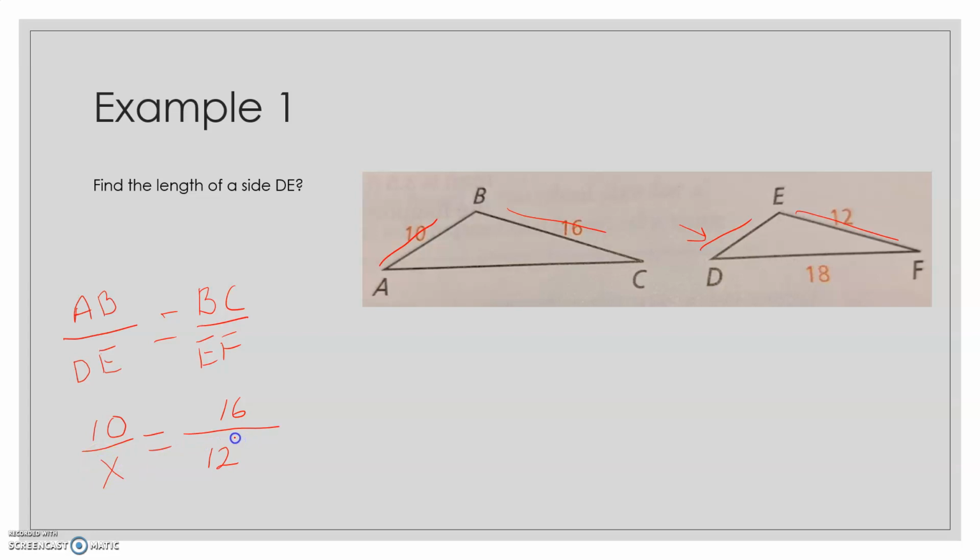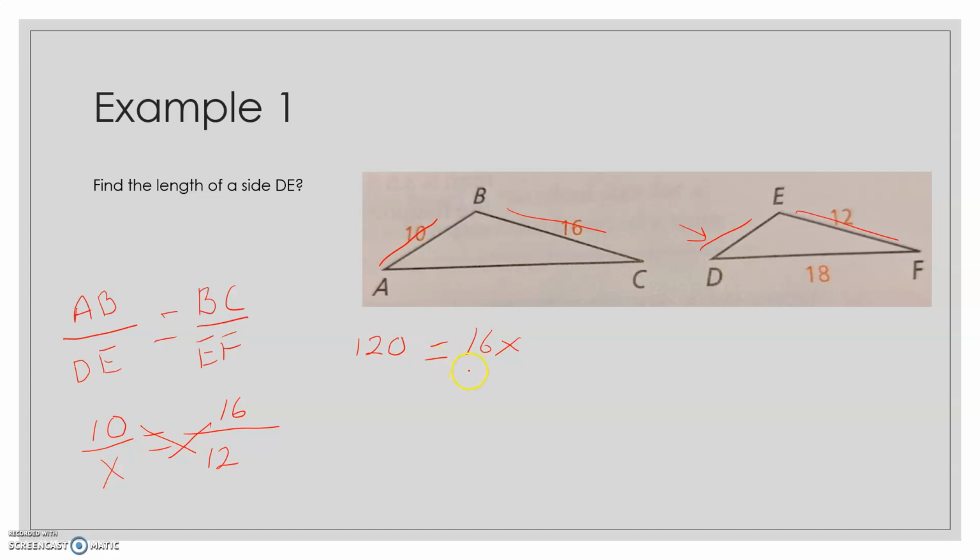Just like we talked about before, there are three steps to solving a proportion. First, we cross multiply, so we've got 10 times 12, which is 120, and 16 times x, which is 16x. Those two products are always equal to each other, so 120 is equal to 16x.